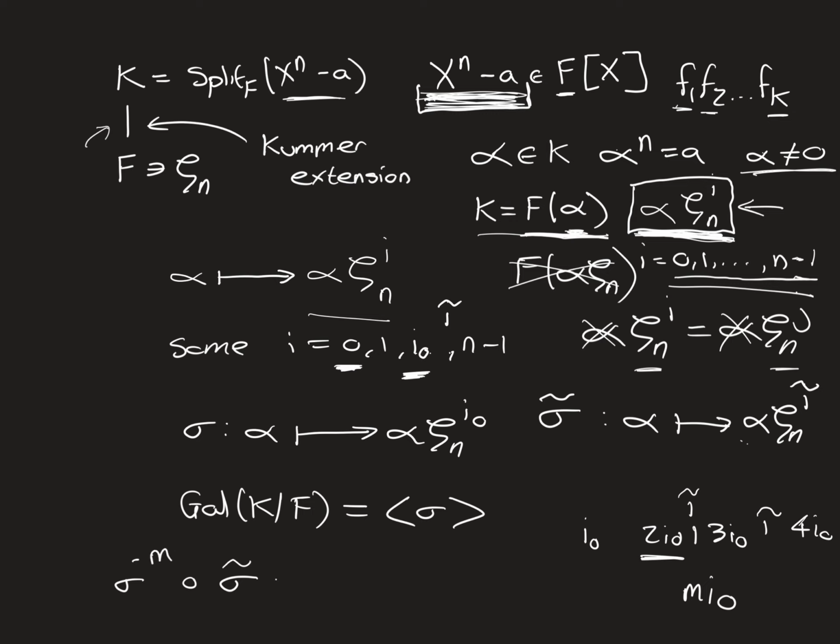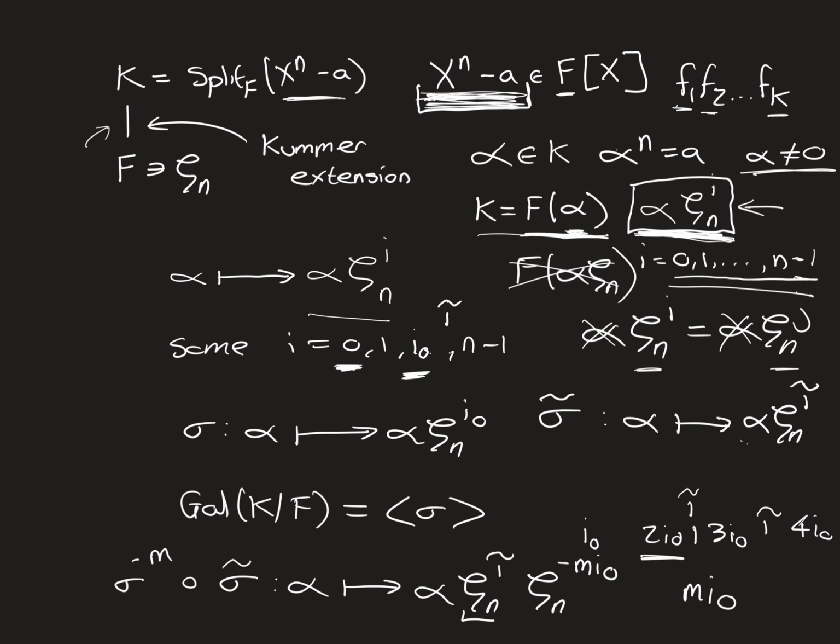Now let's think about what this would map alpha onto. Sigma twiddle would map it onto alpha zeta n to the I twiddle, and then putting it through sigma to the negative m would multiply it by zeta n to the negative mI0.